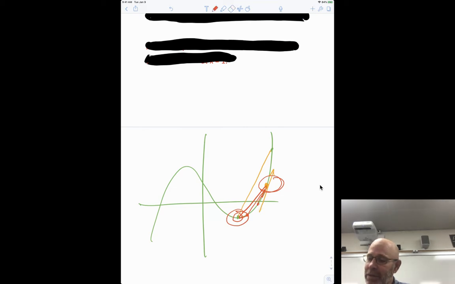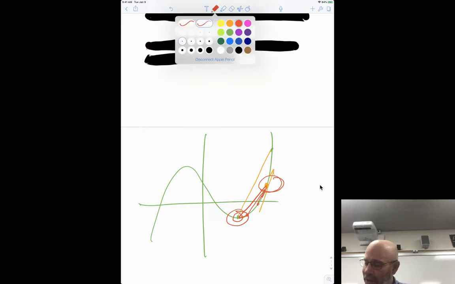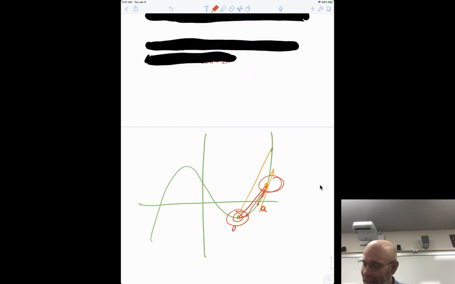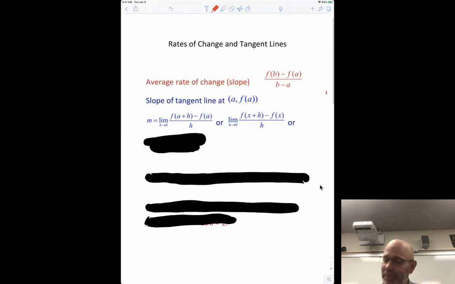If I call this a, and this a plus h, as a plus h gets closer to a, which means h is getting closer to 0, that's the idea of the limit. This is my second point, that's my first point, and that's my h getting smaller and smaller.